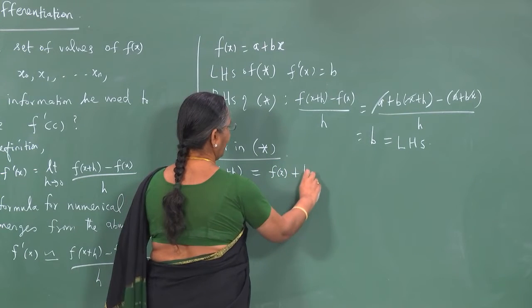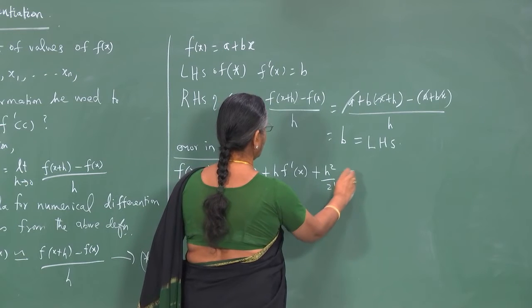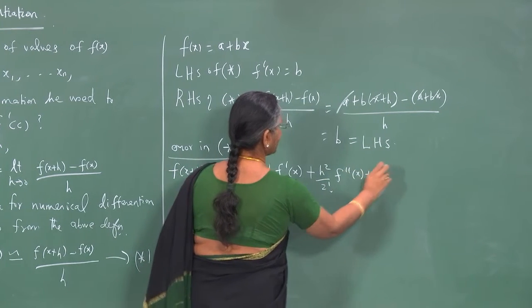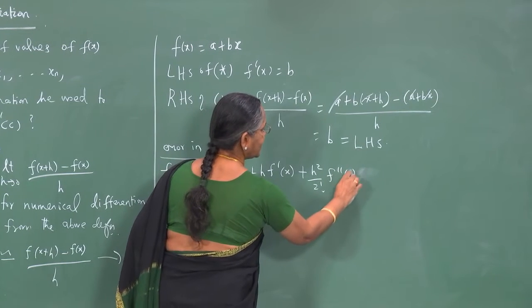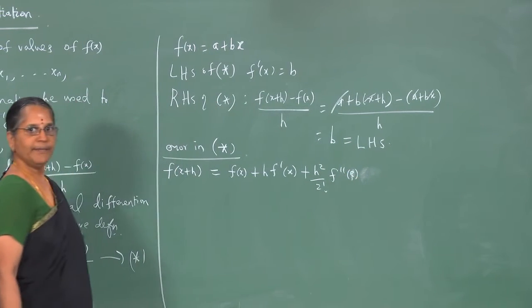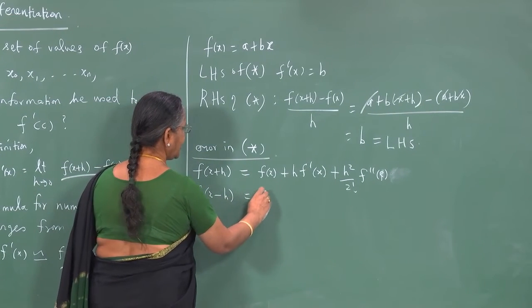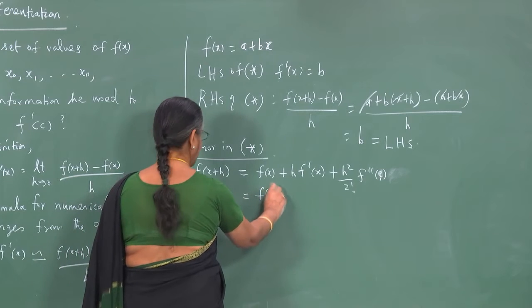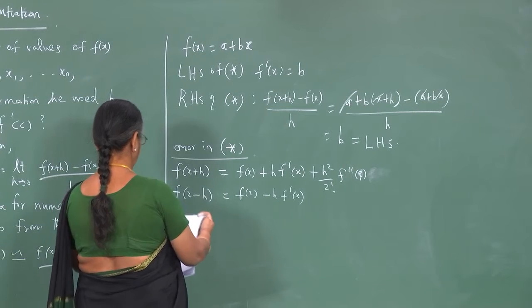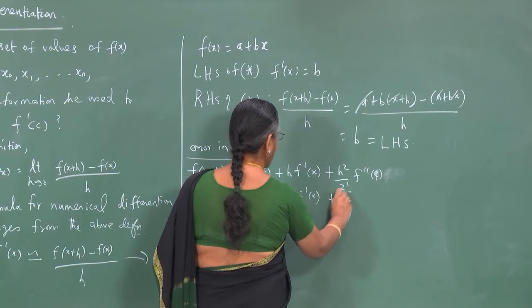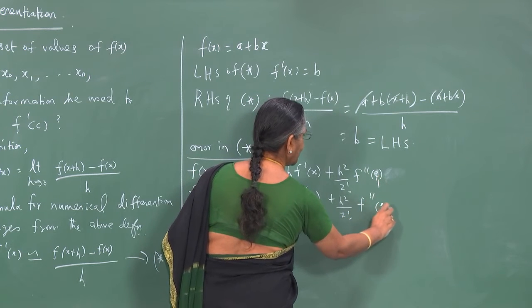So, this will give you f of x plus h f dash of x plus h square by factorial 2 into f double dash of x plus etc. Suppose I truncate this at this stage, then this will be f double prime at psi, and f at x minus h is going to be f of x minus h into f dash of x plus h square by factorial 2 into f double dashed, say at some other point psi 2.